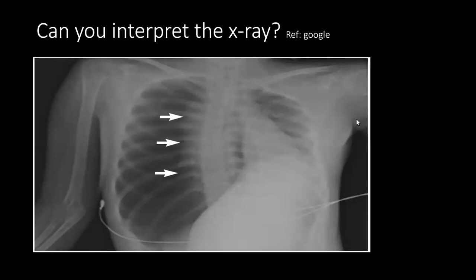This is the X-ray of your patient, the same patient. Ma'am, would you read it? Can you help me and read this for me, please? Okay, ma'am. This chest X-ray shows the trachea shifted to the right, hypertransradiancy of the right lung field, and I cannot see the costophrenic angle and diaphragm properly.